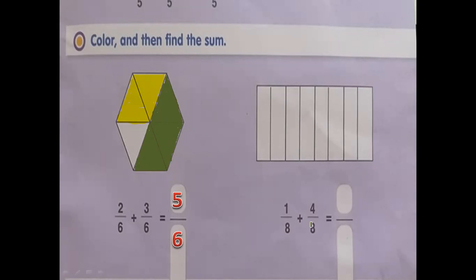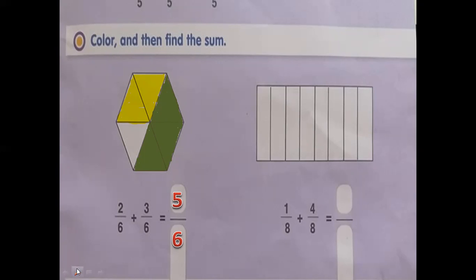Number 2, what are we going to do? We are going to color and then find the sum. So here we have a rectangle. It's divided into 8 equal parts. We are going to color 1 over 8, just one part in one color, and 4 over 8, another 4 parts with another color.